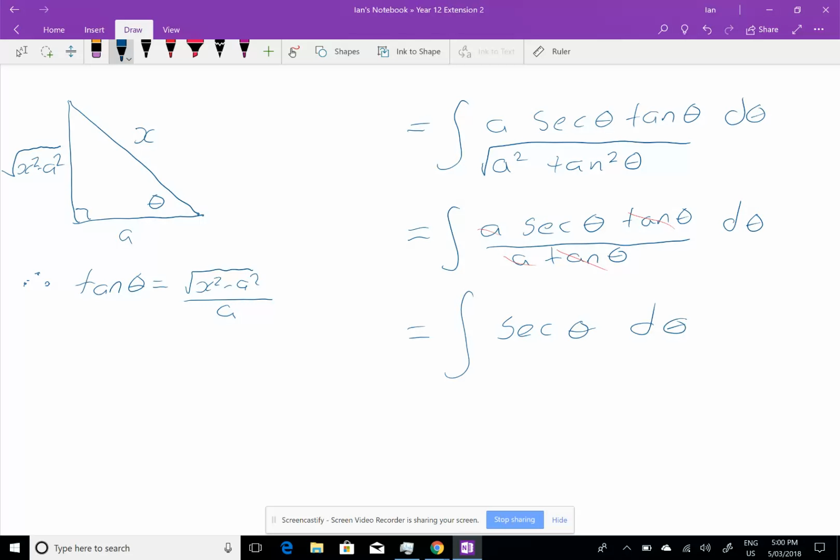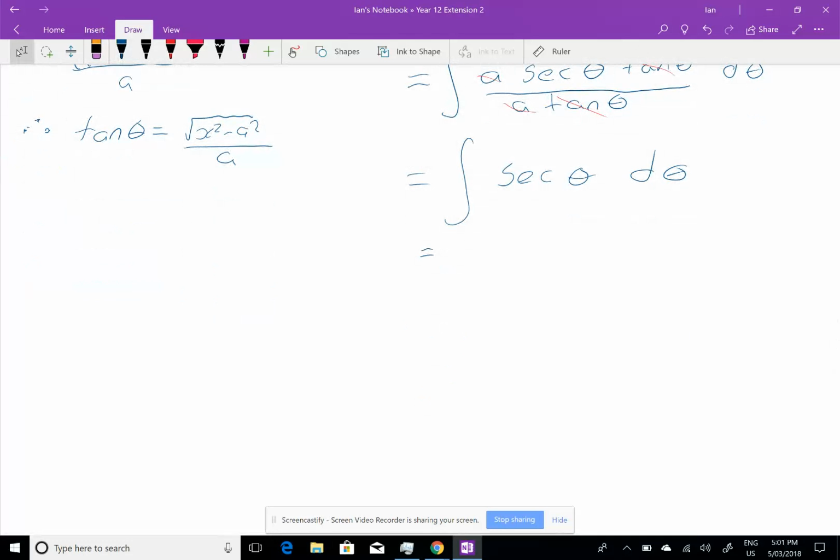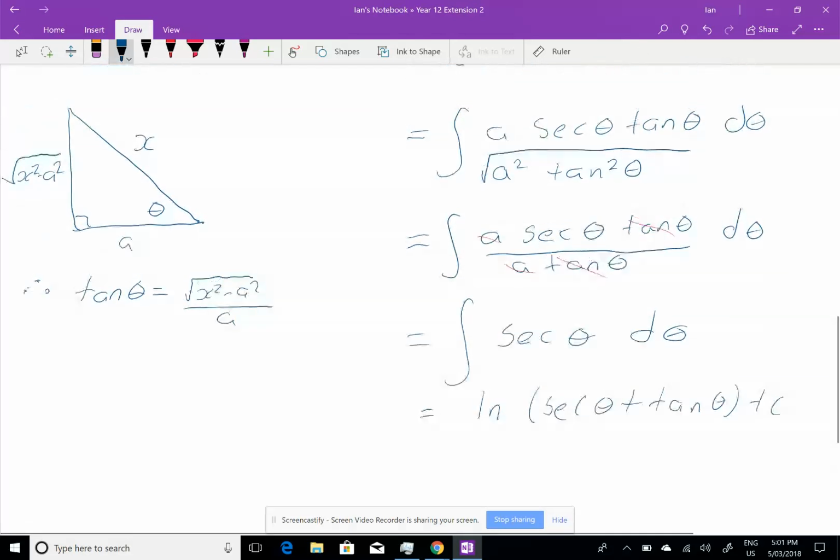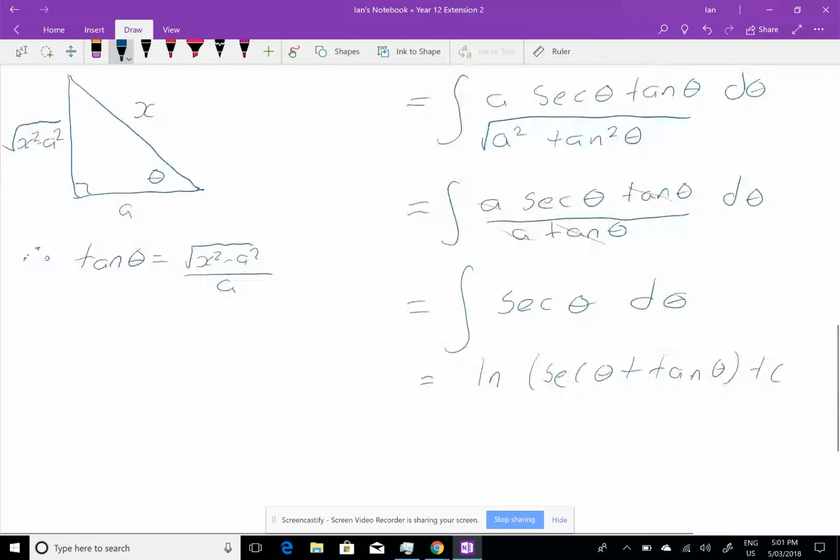So let's see what we get when we do this integral. We know that's going to give us ln of sec theta plus tan theta plus some constant. Now sec theta, we already know, is x on a.